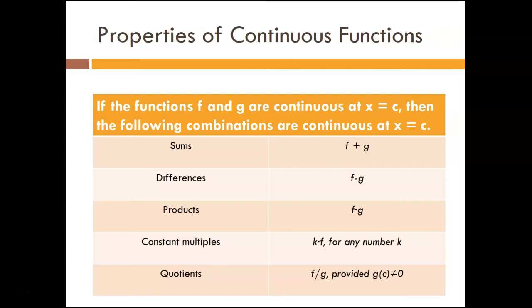The only concern for continuity would be dividing by a function and making sure that function does not equal 0 at any value. So again, continuous functions can remain continuous if you add, subtract, multiply, divide.